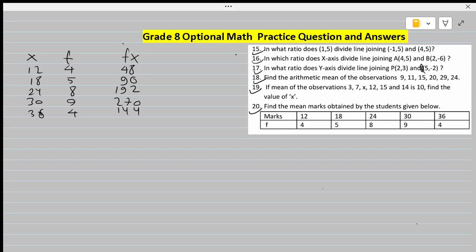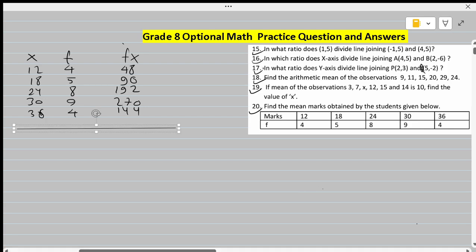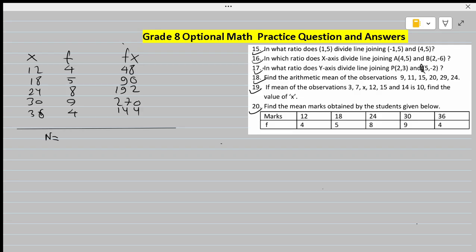Now adding the frequencies: 4, 5, 9, 18, 26, 30, so the number is 30.